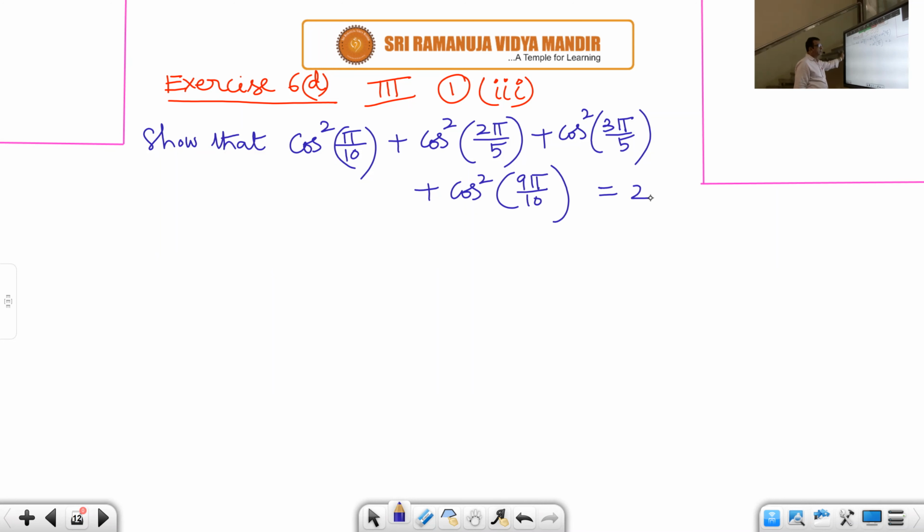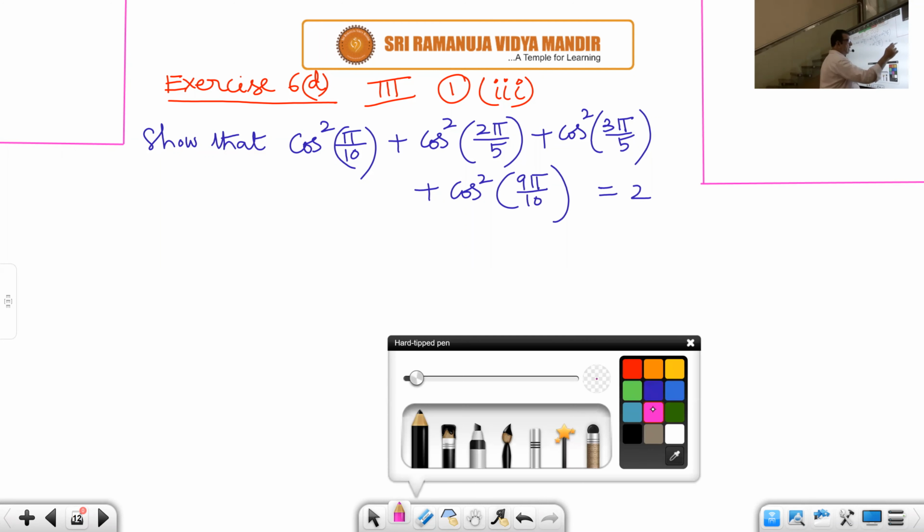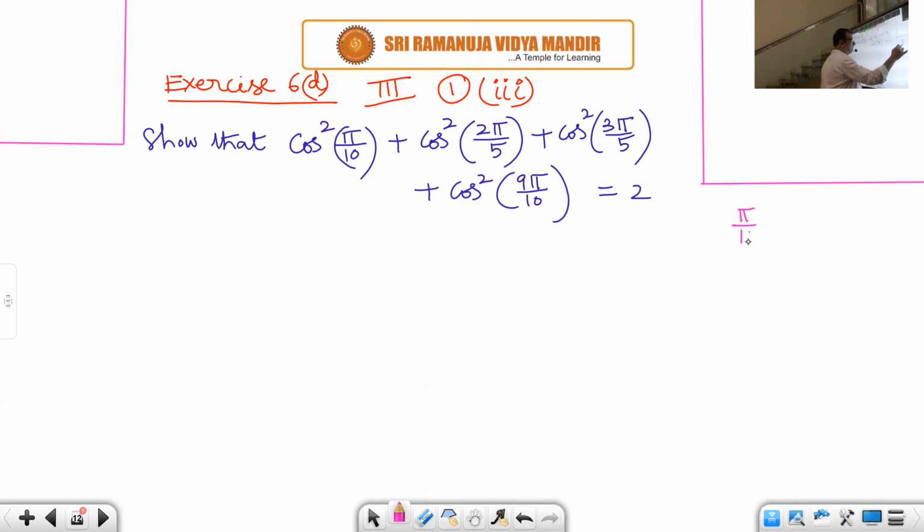So here, first angle pi by 10, and the last angle 9 pi by 10. What is their sum? Somebody please answer. Pi, sir.